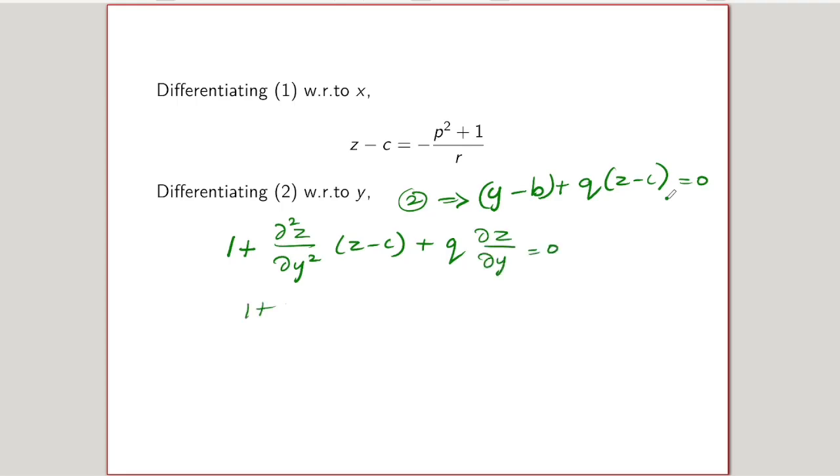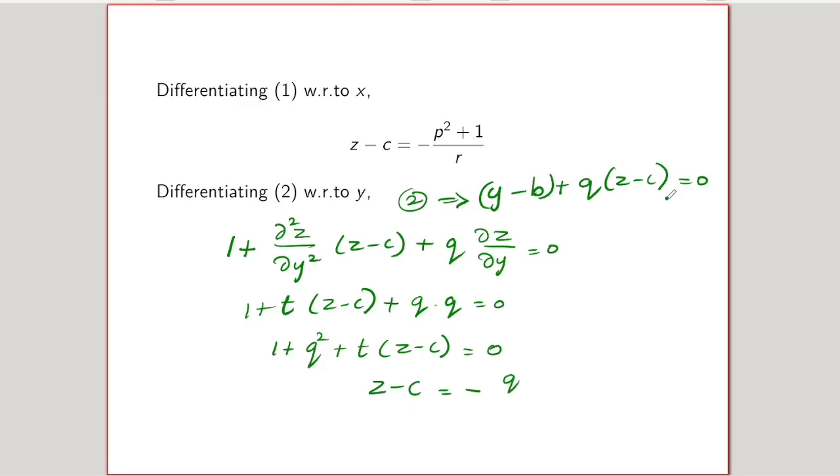So it is 1 plus t into (z minus c) plus q into q equal to 0. So 1 plus q squared plus t into (z minus c) is equal to 0. So z minus c can be written as minus (q squared plus 1) divided by t.